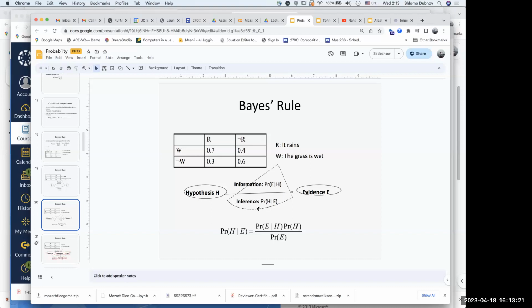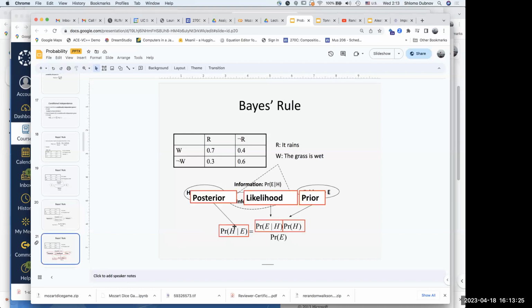So this is the terminology that is often used: we assume that the prior on the hypothesis has some probability, so that hidden cause happens with some probability, that's the prior, and this causality relation, which we call the likelihood, is the probability of the evidence given the hypothesis.